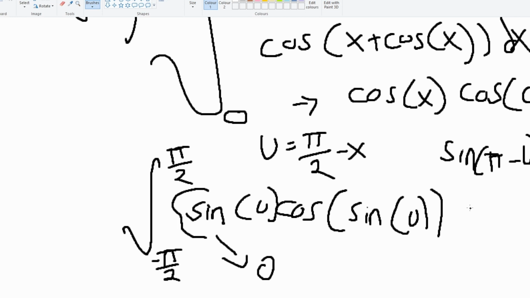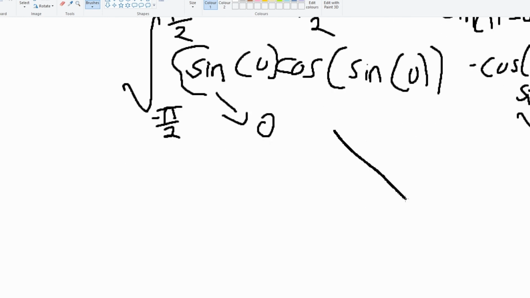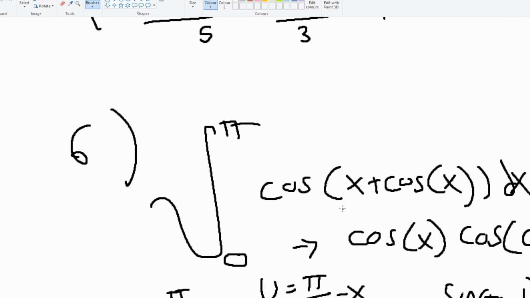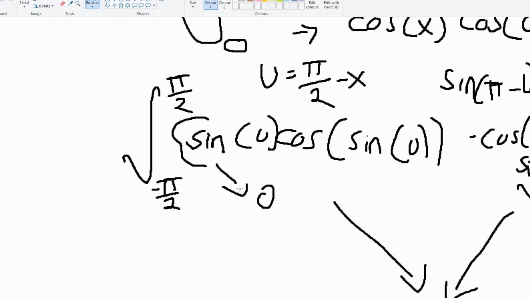This is going to give us cos of u of sine of u, which is also equal to 0. So in the end, all of this is just equal to 0. And that is the 6th question solved.